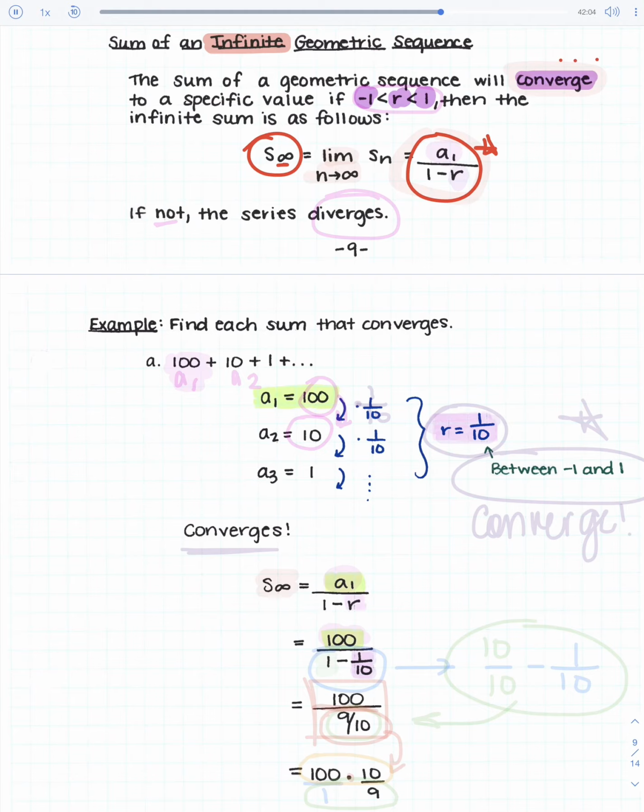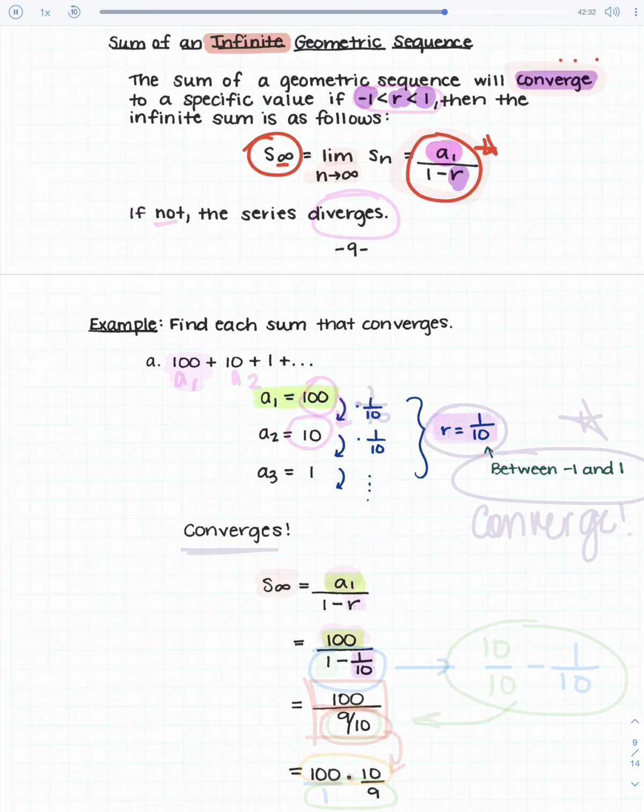The formula says that you take the first value in your sequence, your a sub 1, and divide it by 1 minus R, your common ratio R, and this will be what your sequence is going to converge to. It may not actually end up being equal to that value, but it's going to get closer and closer and closer.